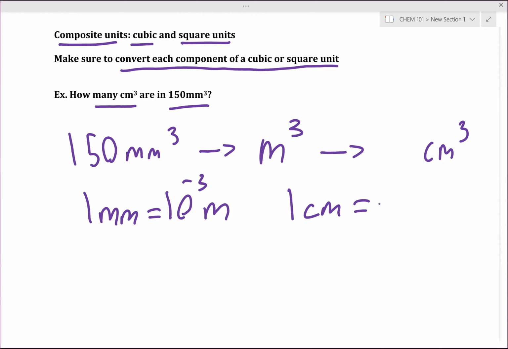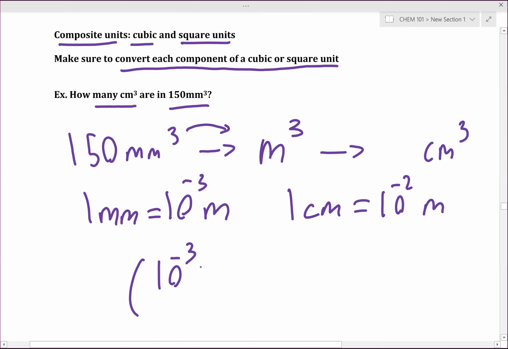Yep, -2. So it's 10 to the -2 meters. Perfect. Now, just like normal, if we're going from millimeters to meters, what goes on top? Meters, yep. So we have 10 to the -3 meter per 1 millimeter, okay?